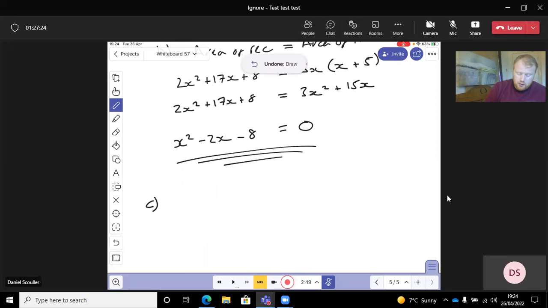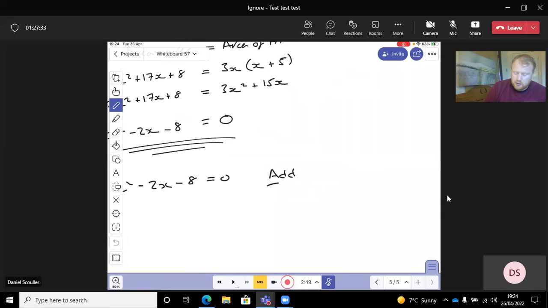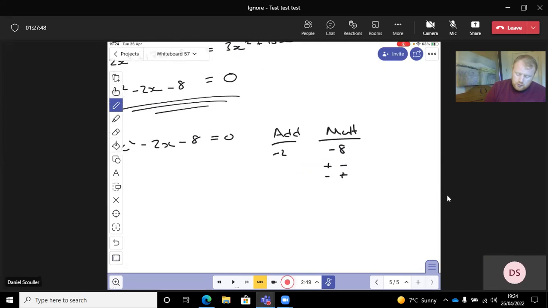So C, we're factorizing. We're adding two together and multiplying to make negative 8. It's a negative, so it needs to be plus and minus. 1 and 8, 2 and 4, nothing else. Plus 2, minus 4.